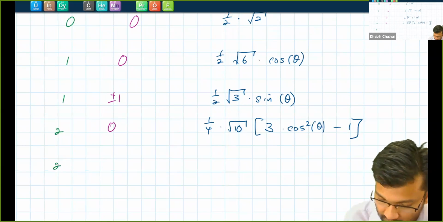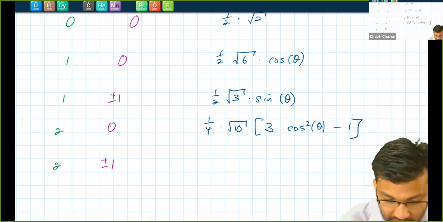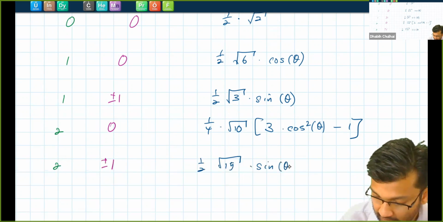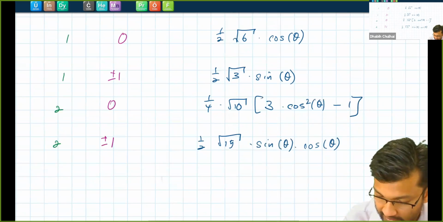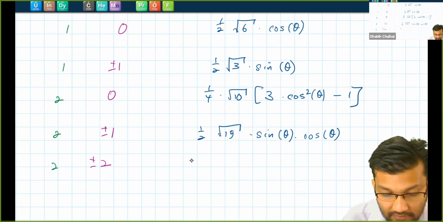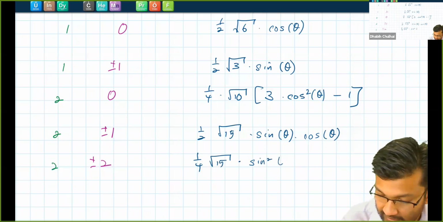For L equals 2, ML equals plus or minus 1, the wave function is 1 over 2 times the square root of 15 times sine theta times cosine theta. And finally, L equals 2, ML equals plus or minus 2, the wave function is 1 over 4 square root of 15 times sine squared theta, like that.